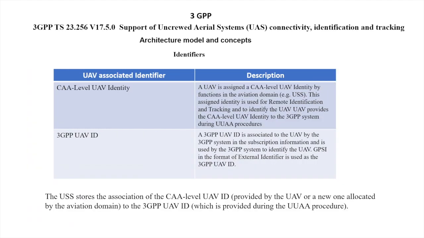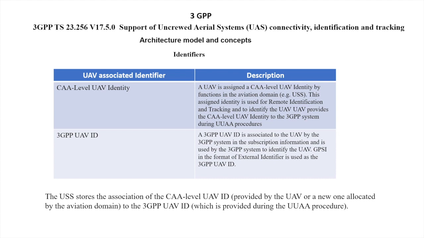The architectural model works with two identities. The first one is the CAA level UAV identity, Civil Aviation Administration level. It's also known as Remote Drone ID in terms of ASTM. And the second one is the 3GPP UAV ID.